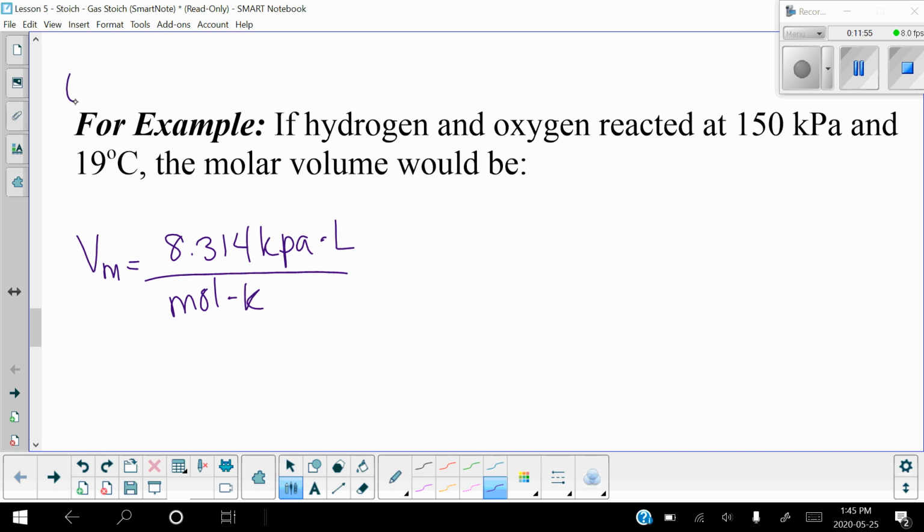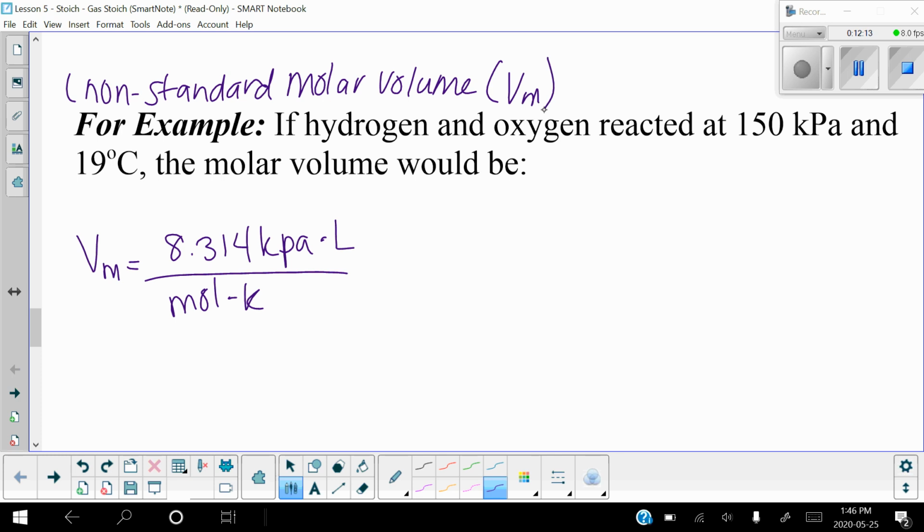Okay, so this is an example of finding non-standard molar volume. Remember that the variable for molar volume is represented by a lowercase V m. You start with your R constant, and then you ask yourself, what units am I trying to keep? I'm supposed to have liters in the numerator and moles in the denominator. So we need to keep these units.